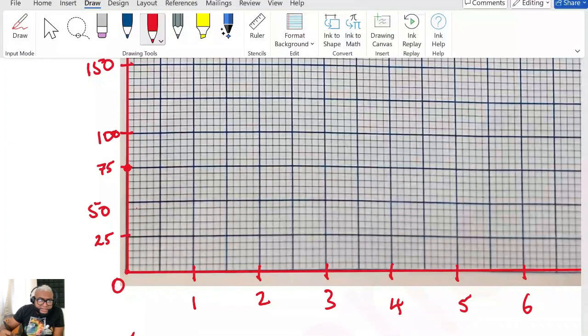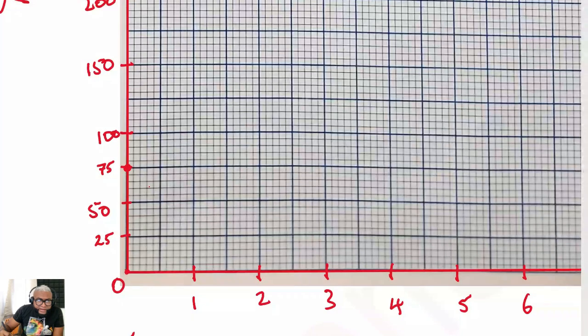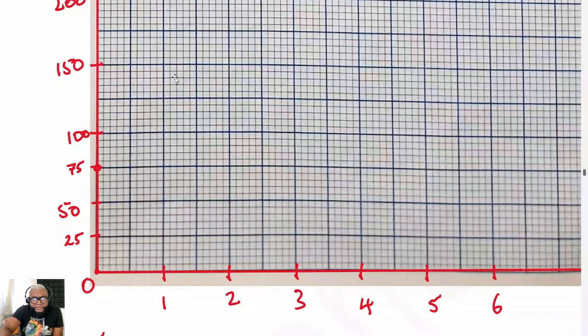This is 50, right? What is the next coordinate? Oran, what's the next coordinate? 1, what? You don't have the table?